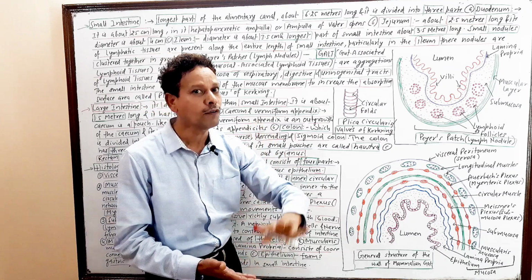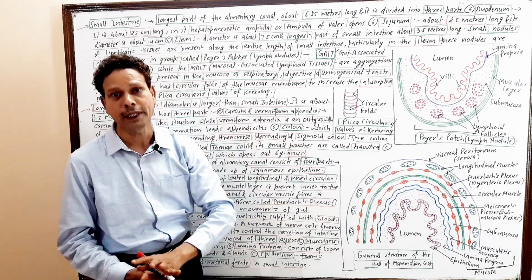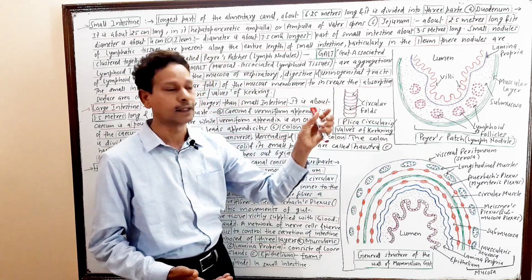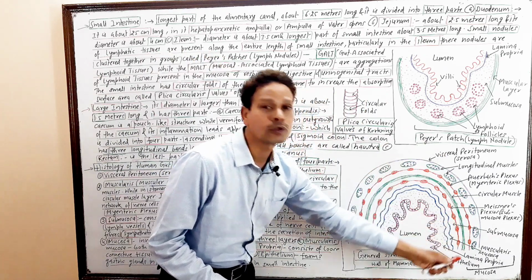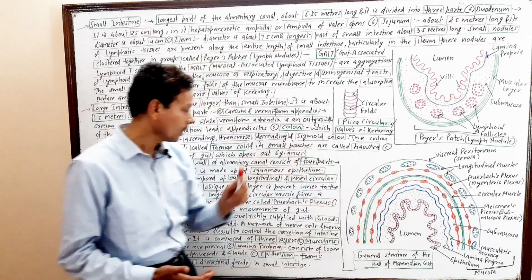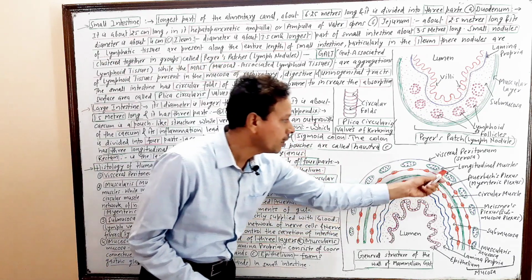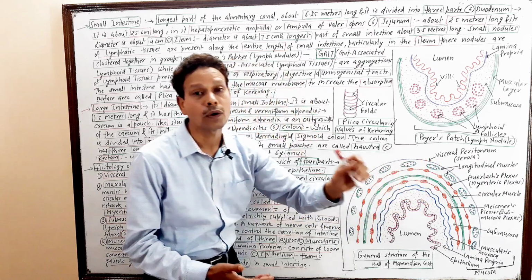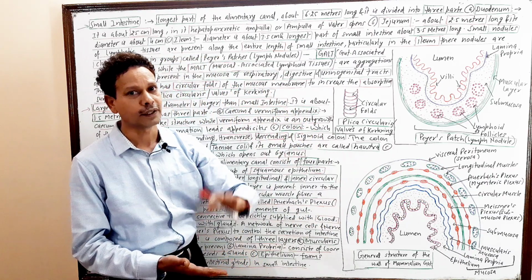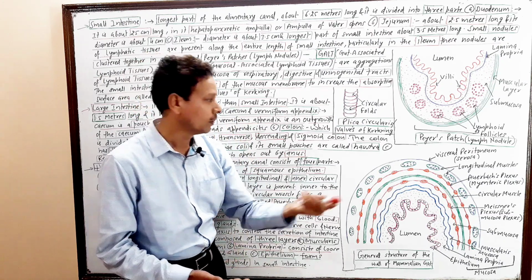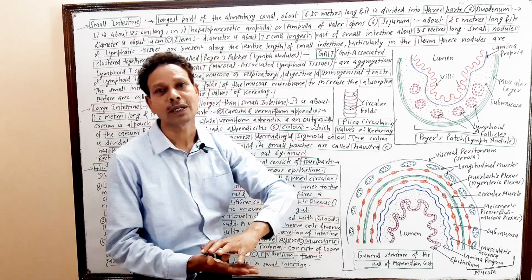It is made up of simple squamous epithelium, meaning all cells are thin and flat, producing the outermost layer. The second part is muscularis, or muscular coat, and it is made up of 2 types of muscle layers.